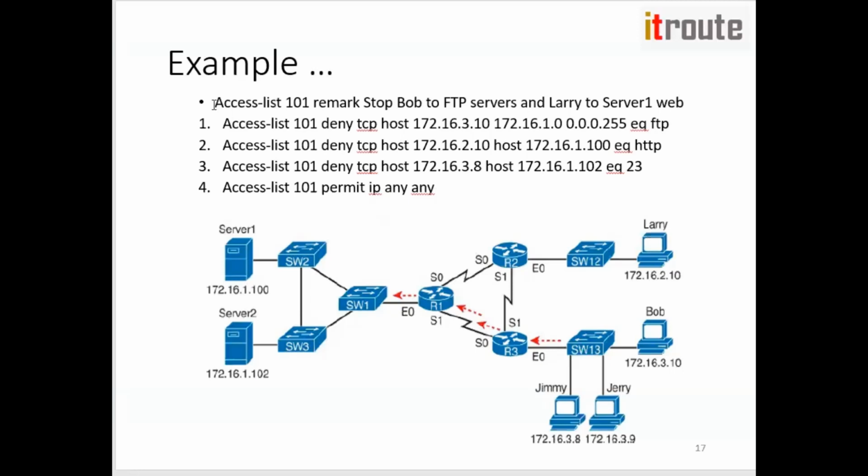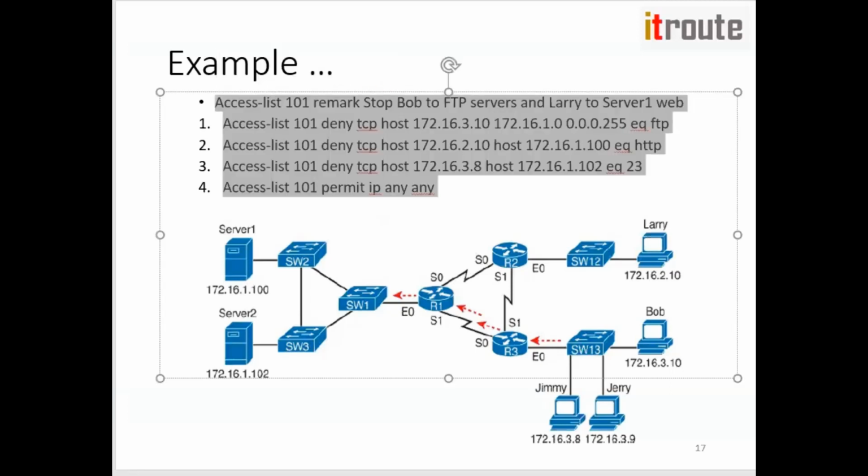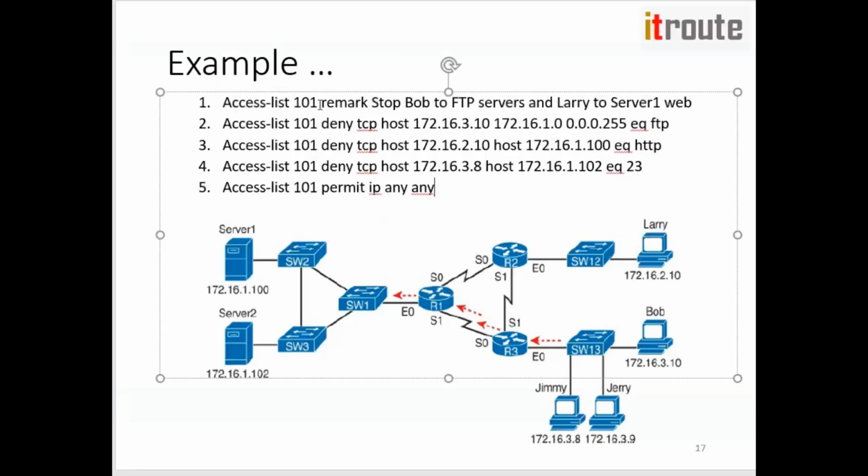Remark means description, so it will not change anything. But on line 2 we talked about somebody, line 3 we talked about somebody, line 4 we talked about some user. Now, on the 5th line, we say we allow everybody, right?